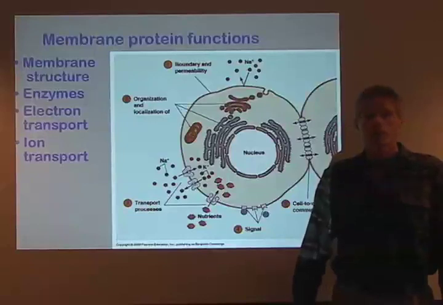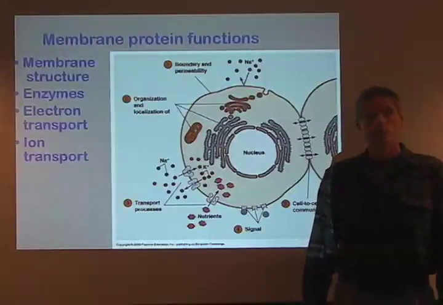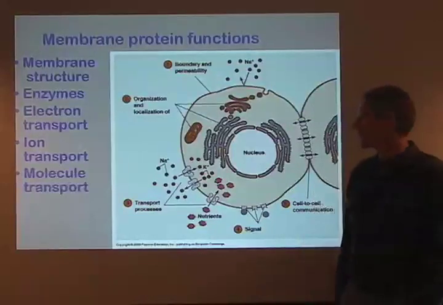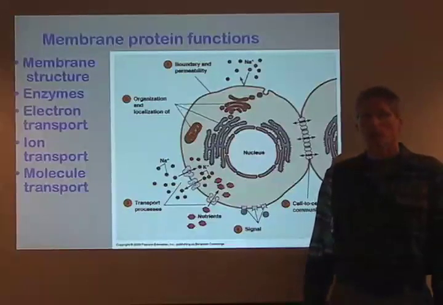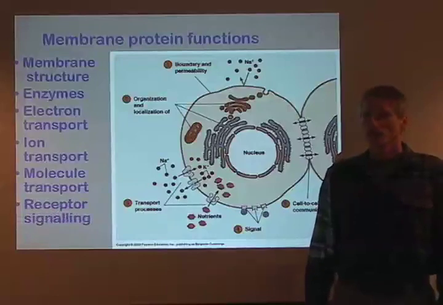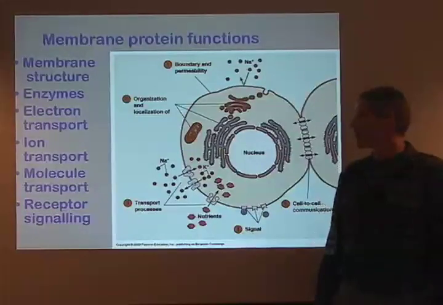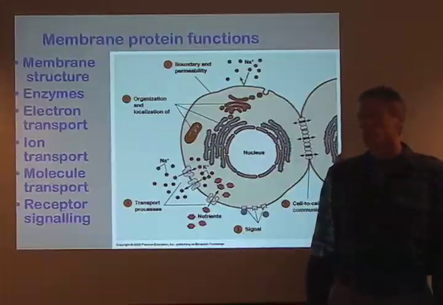That's how we can think and study and dream. They transport molecules such as glucose for energy, and they're used to convey information. Ligands bind to receptors. Receptors are on the outside. They can carry a signal to the inside of the cell.